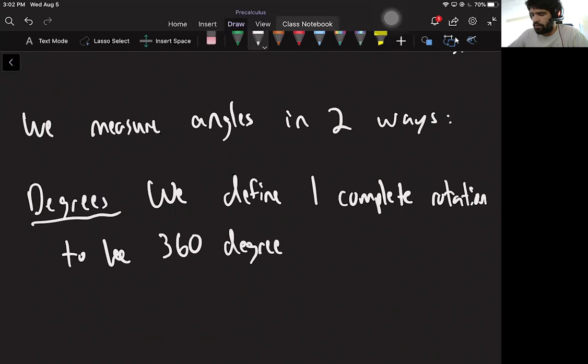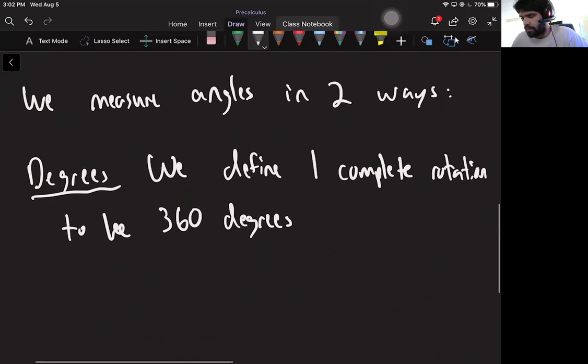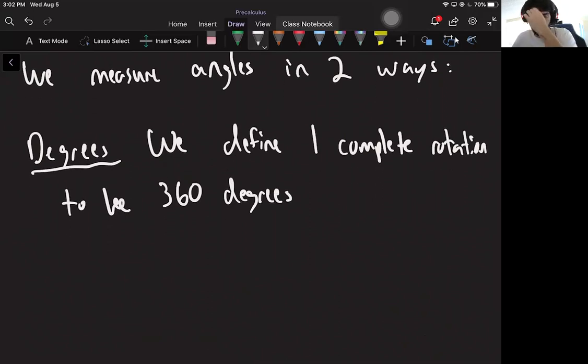So you may have heard of degrees before in the context of like skateboarding or something. If you spin around all the way, you've done a 360-degree rotation. That is the same as these degrees. So 180 is rotating half of the way around.